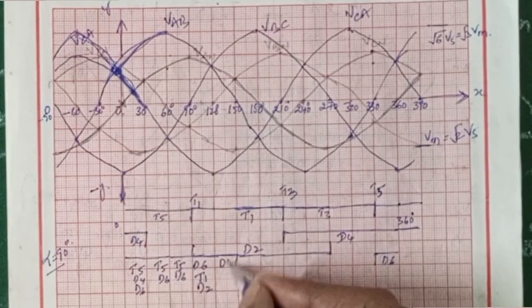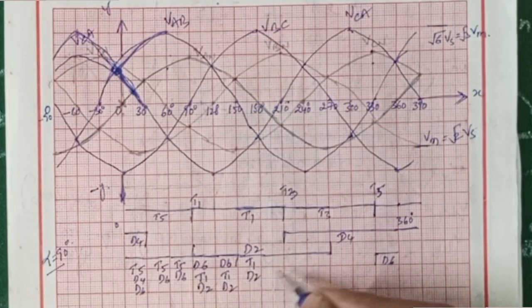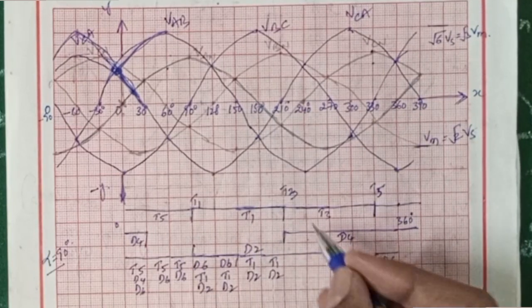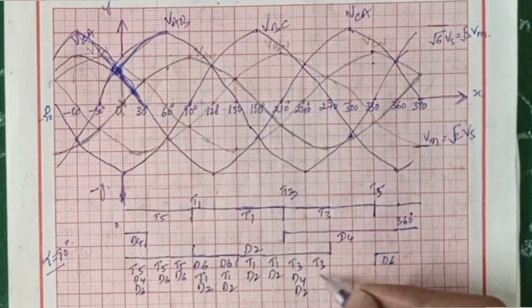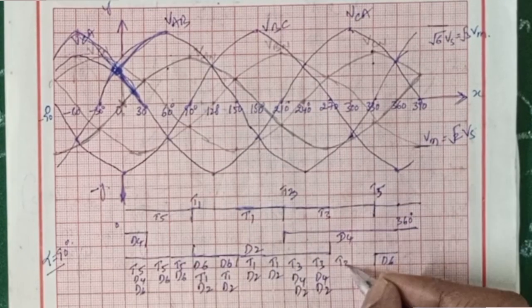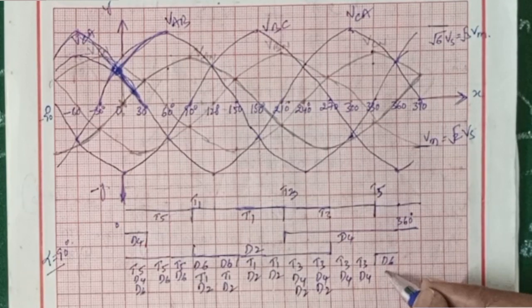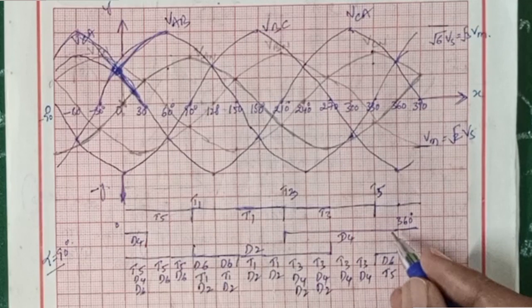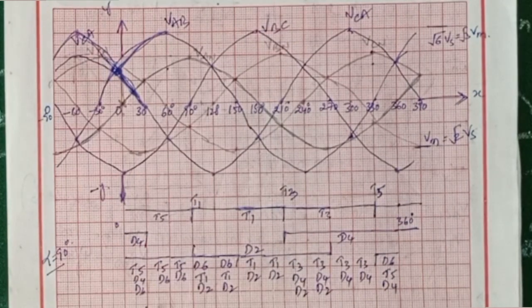Here T1, D2. Here T3, D4, D2, then T3, D4, then D6, T5 and D4. So you can see the combinations of 3 devices or 2 devices are working.